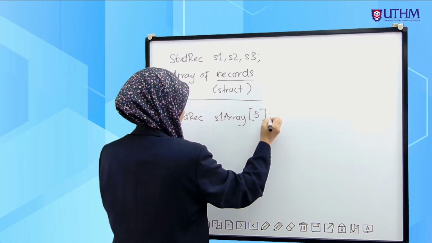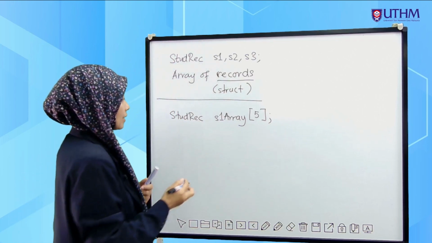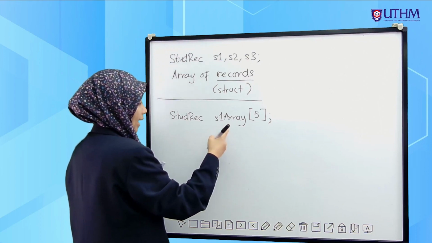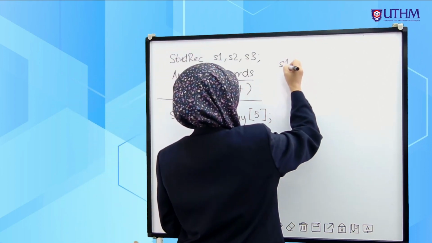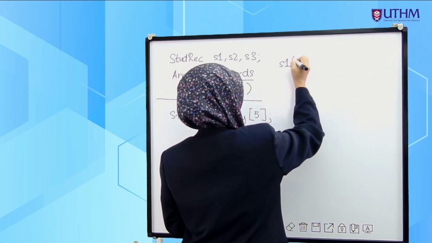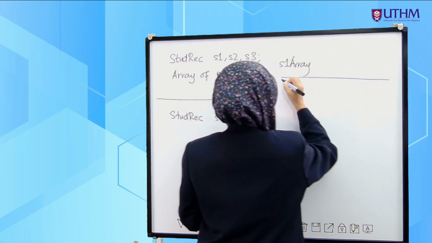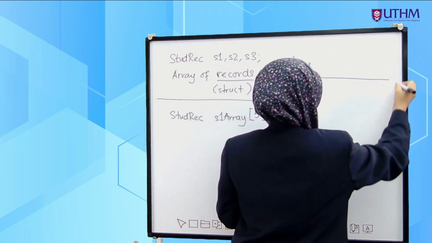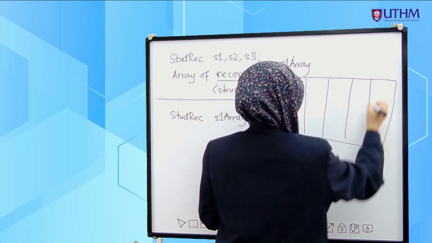In this case, the array size is 5. So in memory, I already have an array called S1 array, with the array size as 5.